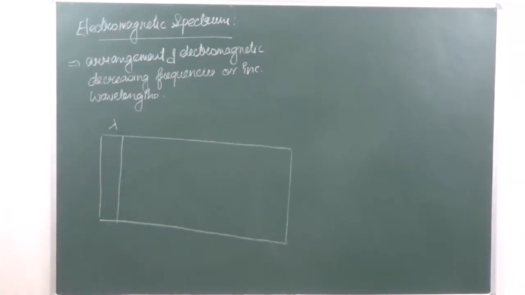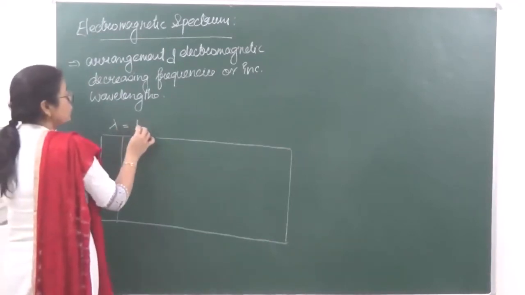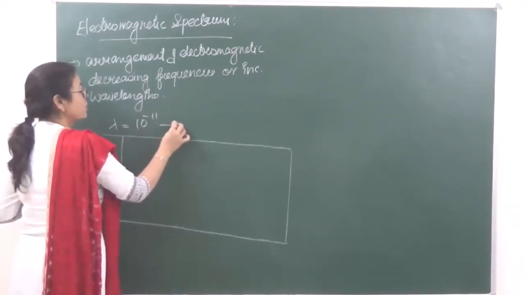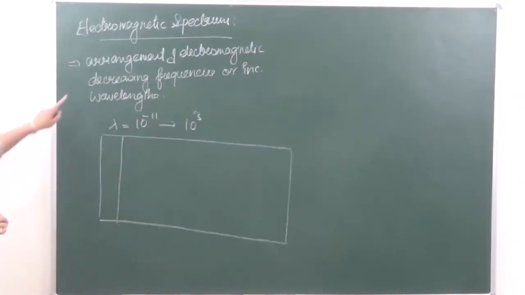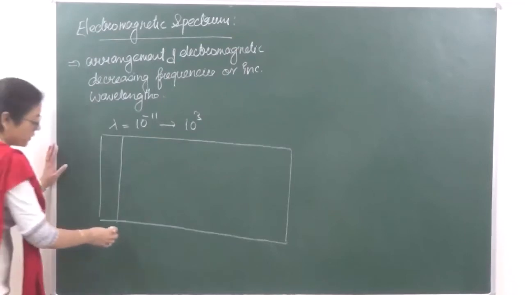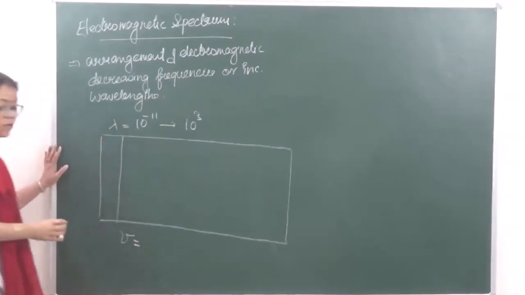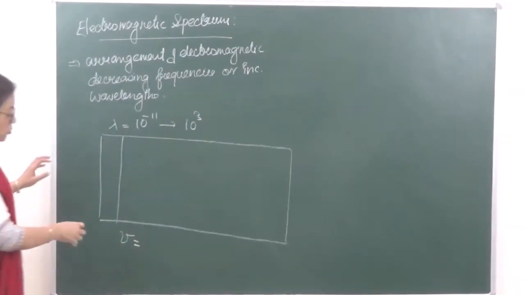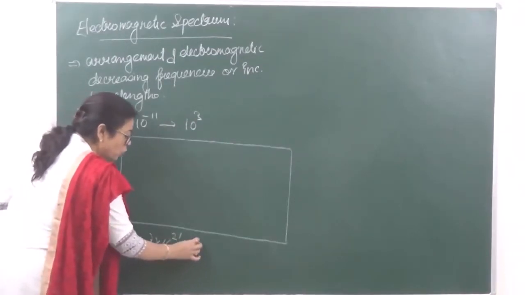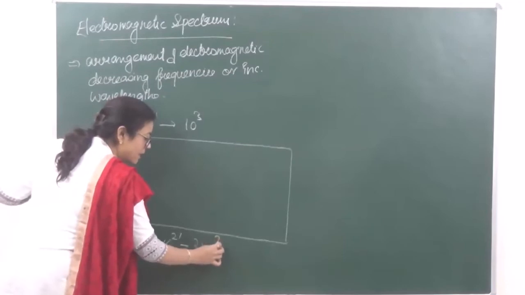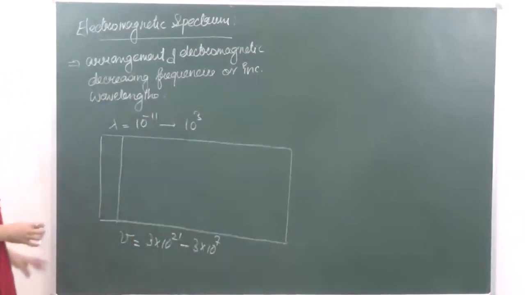That is, it is going from 10 raised to power minus 11 to 10 raised to power 3. Right? So what are we saying? Decreasing frequencies or increasing wavelengths. So frequency will decrease, from 3 into 10 raised to power 21 to 3 into 10 raised to power 7. Okay, so this is the order.